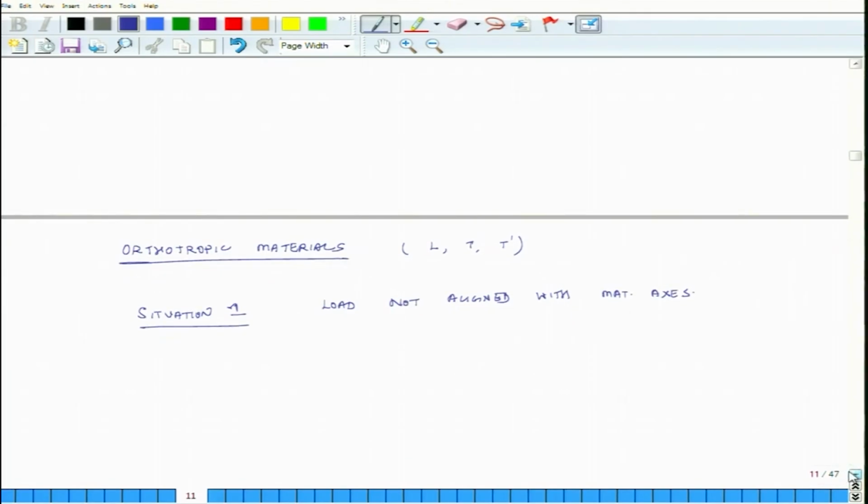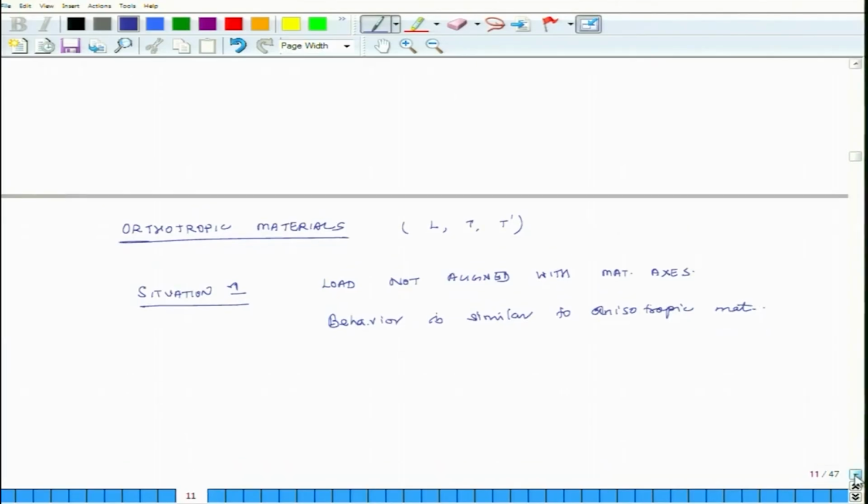And in this case, the behavior is similar to anisotropic materials.